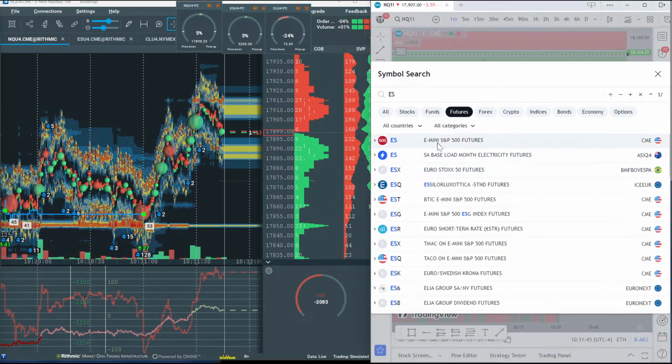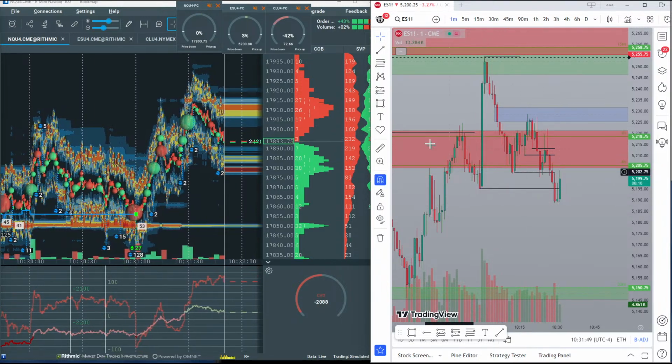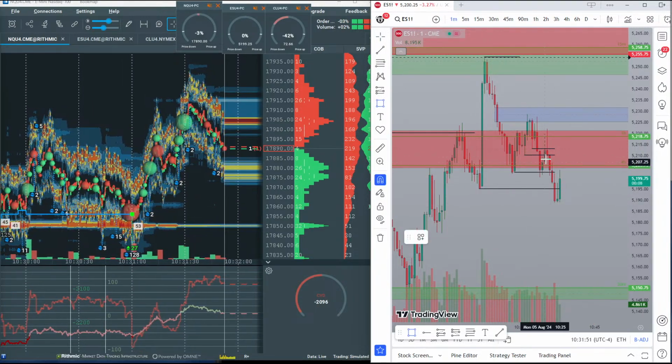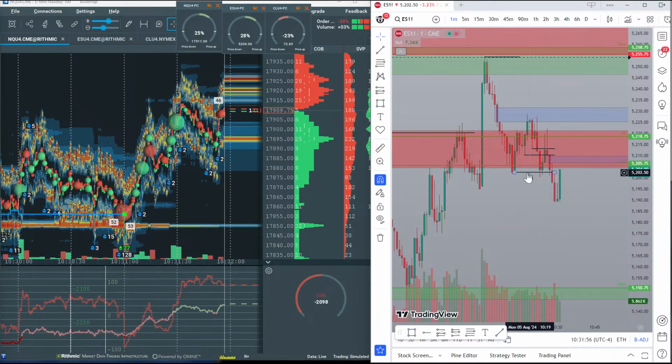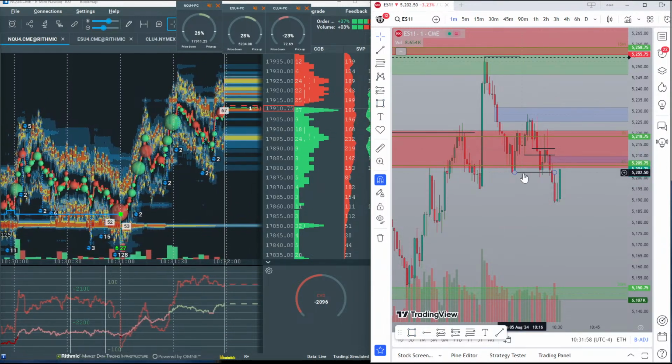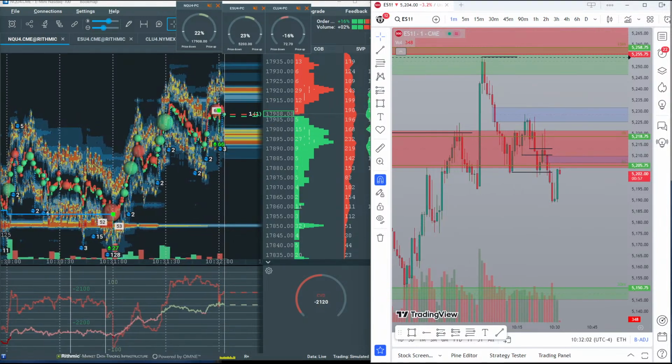I'm looking for ES. Did ES hold those? ES did not hold it. Let's see. It's just, you know what it is again, guys, the spreads on this, no fair value gaps holding, no nothing.